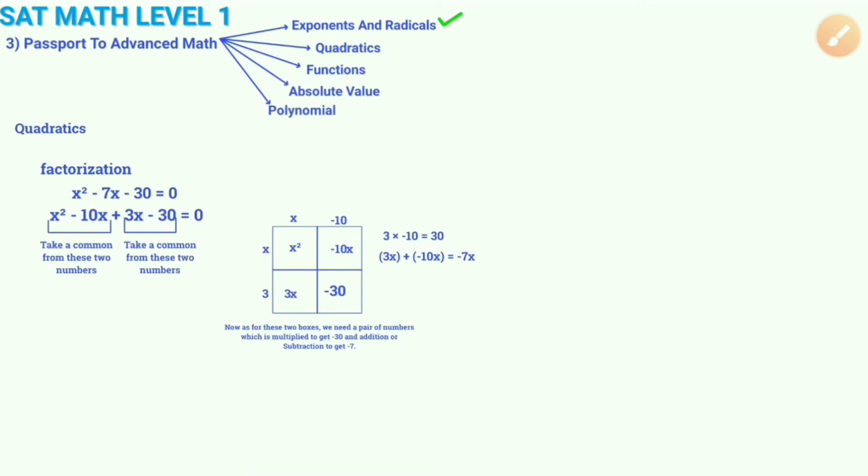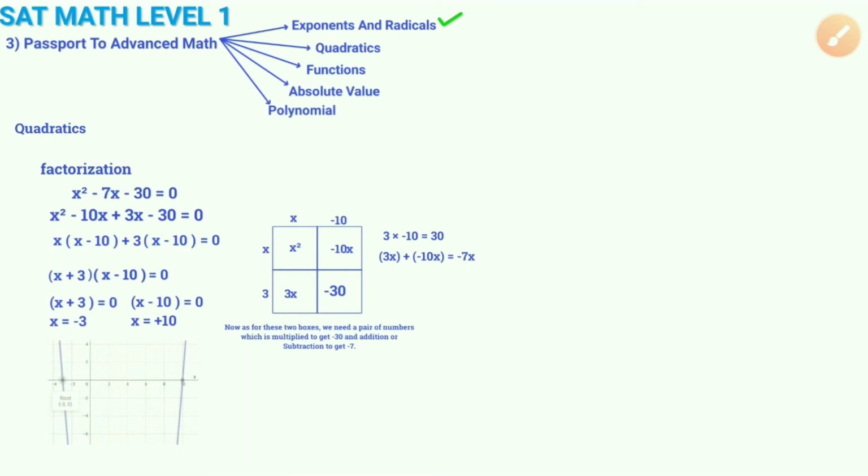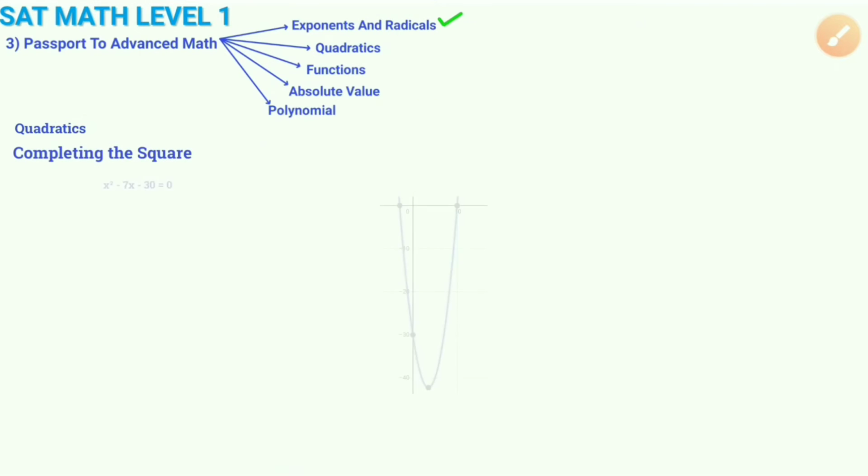We break it down, then we take a common, then again take another common, and voila, you get the roots. In some circumstances, this method cannot be used to solve all quadratic equations because of the complexity. The other 2 methods are applicable.